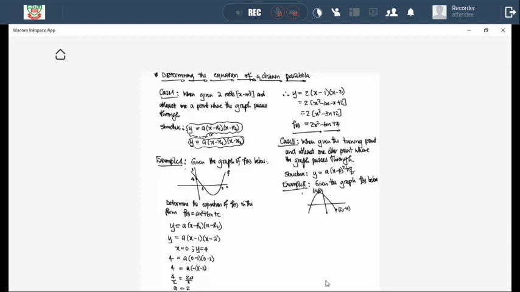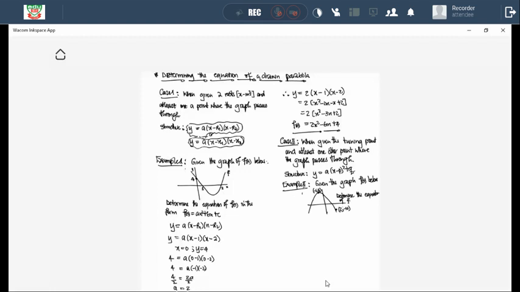Right, now the question says determine the equation of f of x.